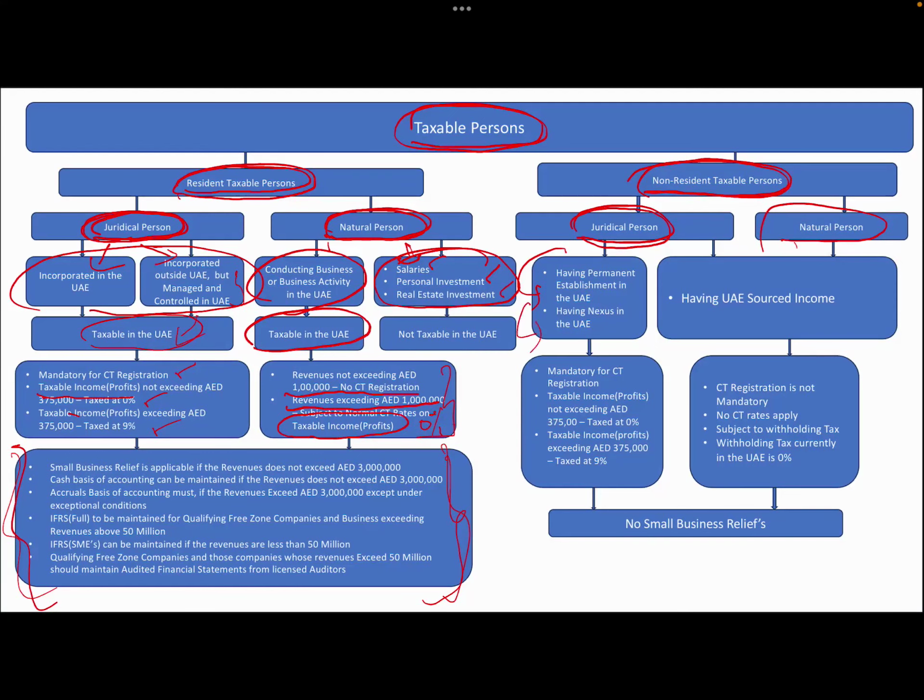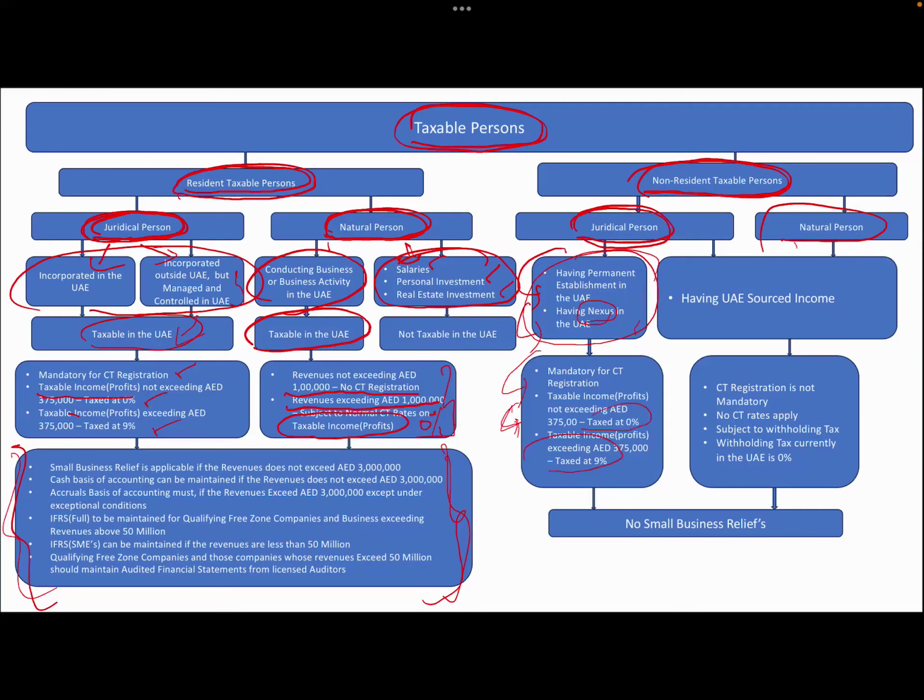Again, I'm repeating, when you see the term nexus, please immediately think about immovable property. Now, if you're having a permanent establishment and a nexus, then compulsorily you have to register for corporate tax. Same set of rules apply. If your taxable income is not exceeding 375,000, then you're taxed at 0%. If your taxable income is exceeding 375,000, then you're taxed at 9%.